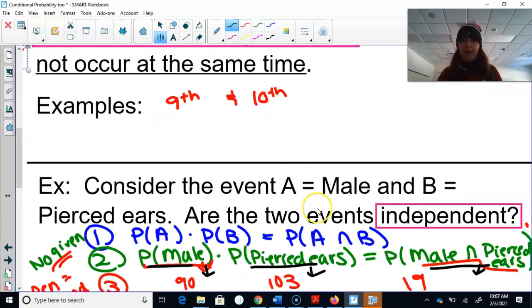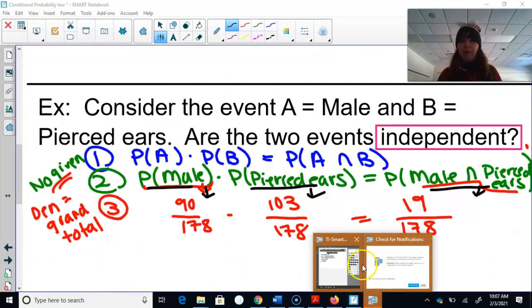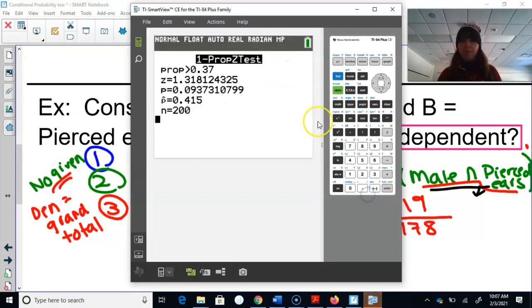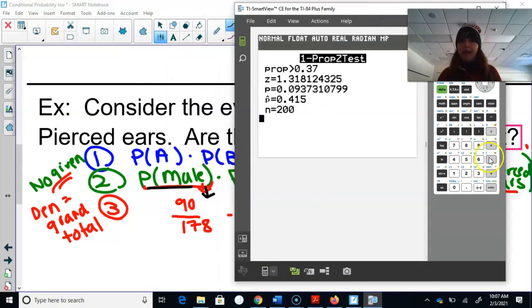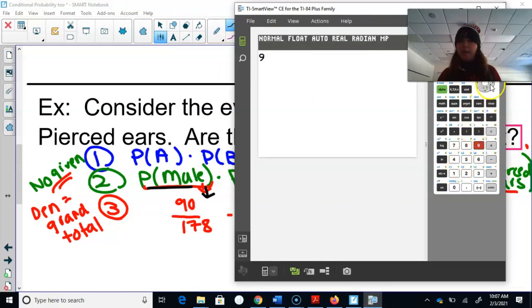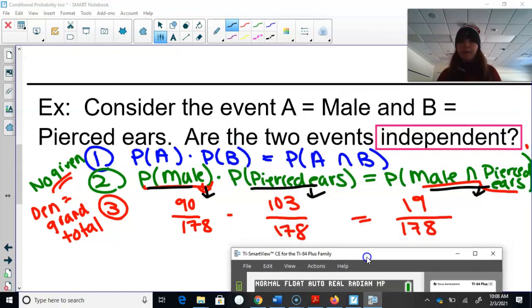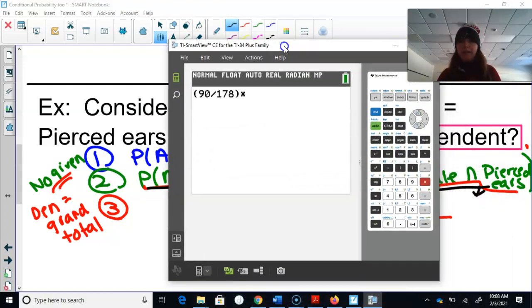Okay, I think now that my calculator is ready to go. I am going to take 90 out of 178. Clear. So I'm going to put a parentheses there. 90 divided by 178 times 103 divided by 178.